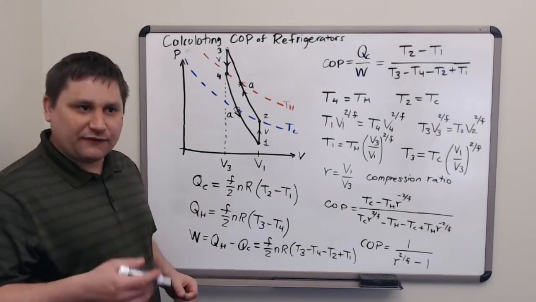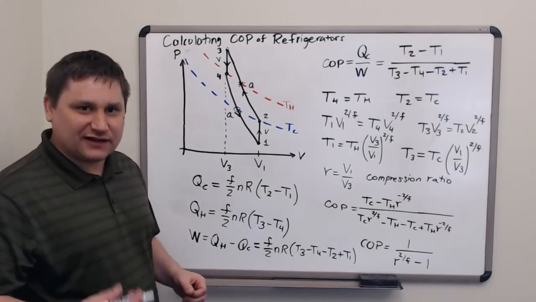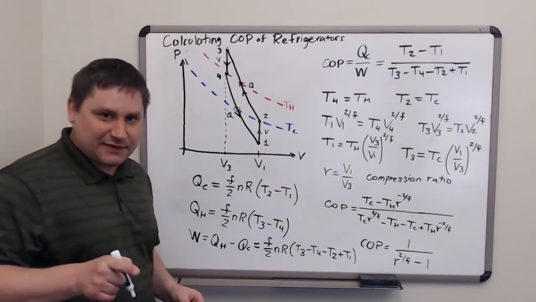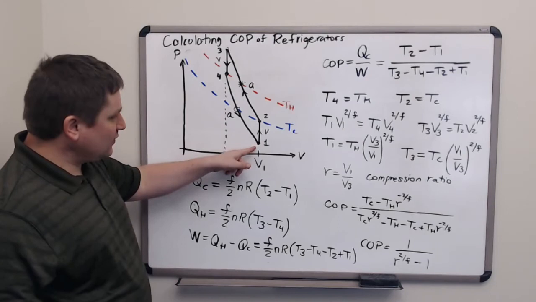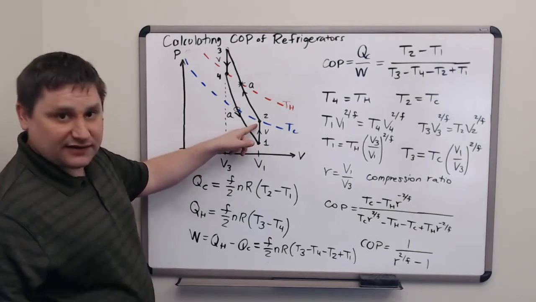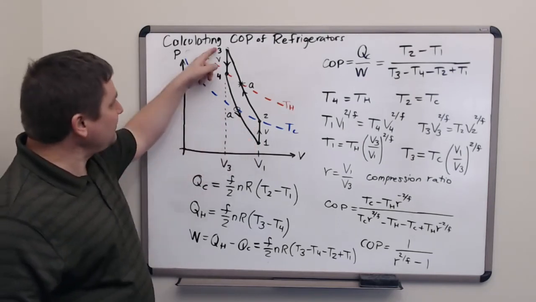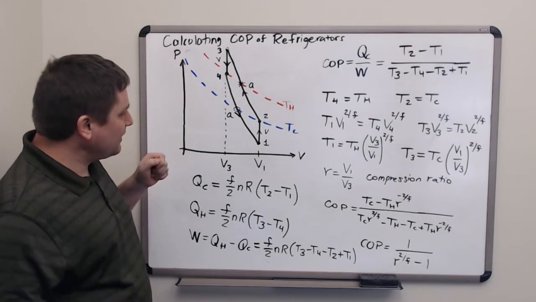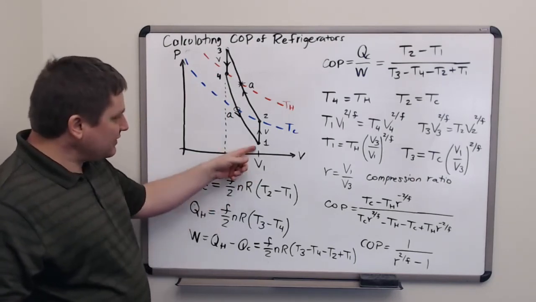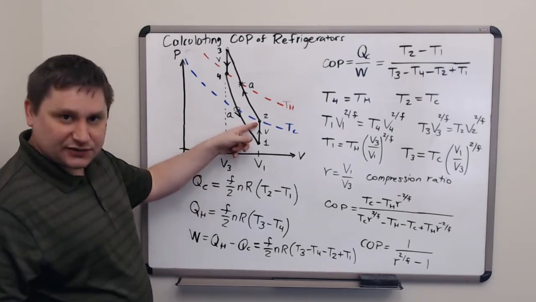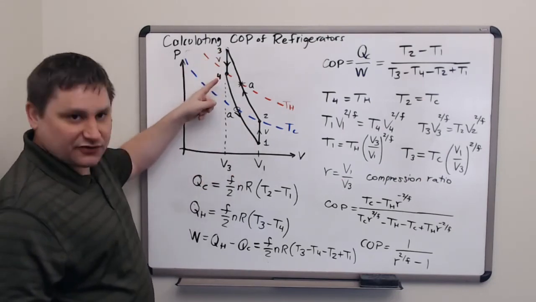In order for this refrigerator cycle to behave like we expect, we made an assumption at the beginning, and that was that T1 was lower than T2, and that T3 was higher than T4. If we make the two volumes very close together, T1 will approach T2, and T3 will approach T4.